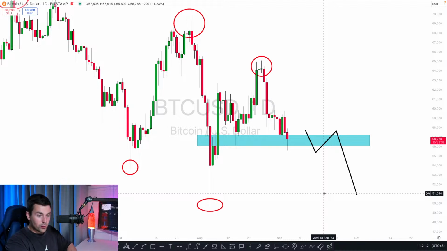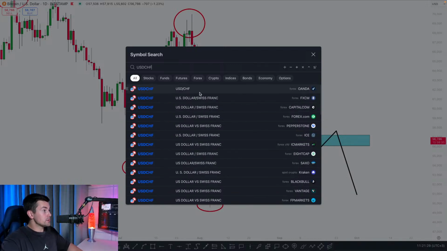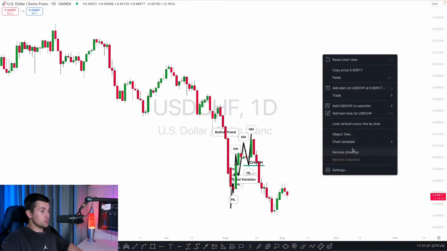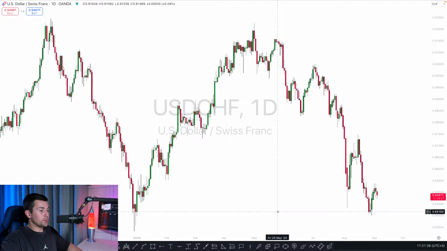Then I saw a question about dollar Swiss from Shohan. Let's check dollar Swiss quickly and discuss what is up with dollar Swiss. So on the dollar Swiss pair, recently we started a correctional movement, a pullback.